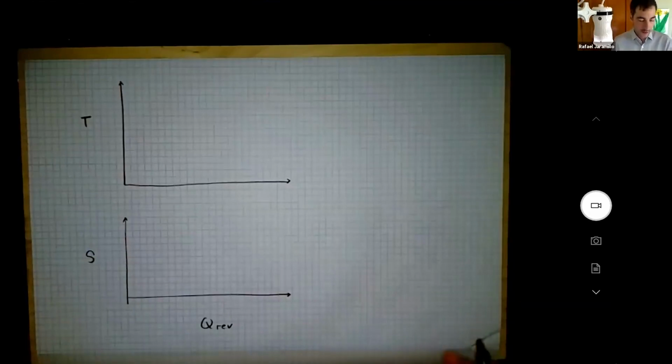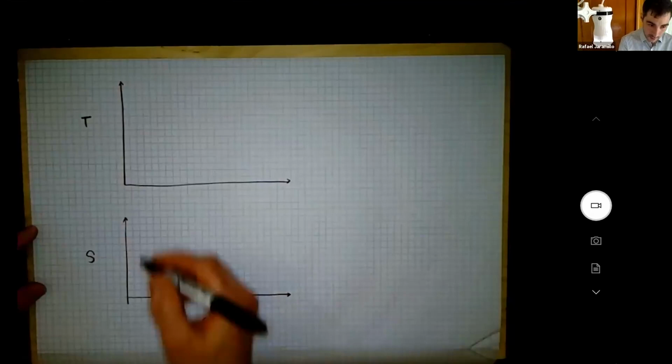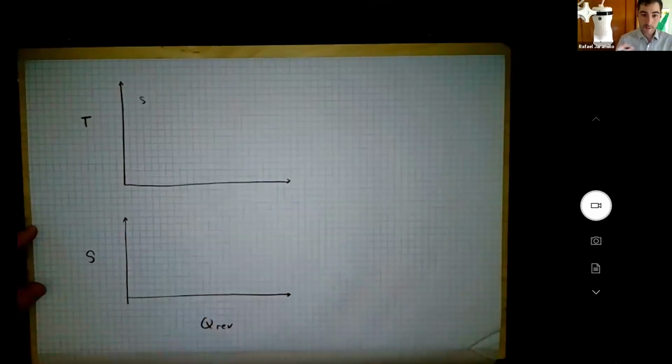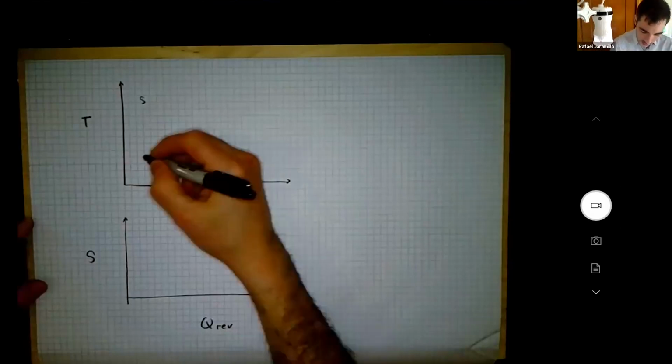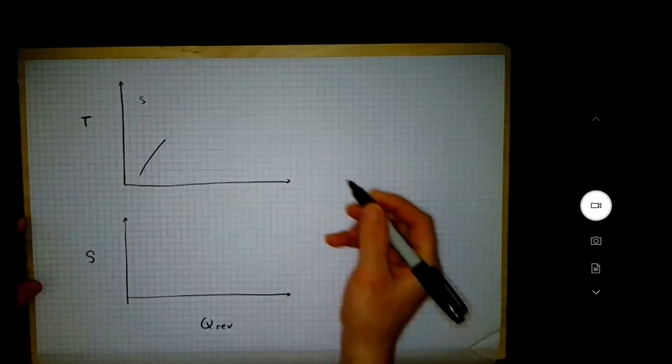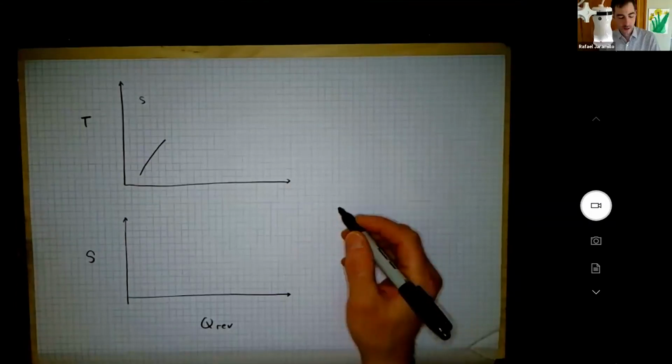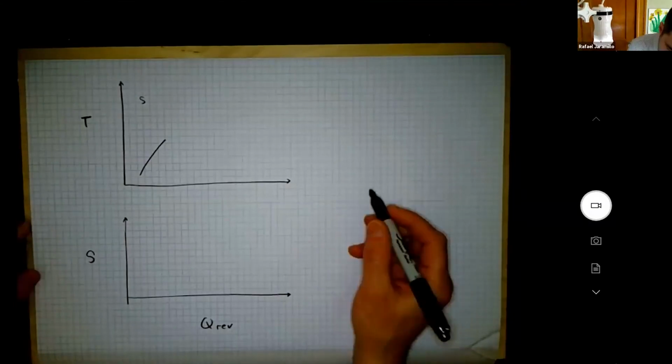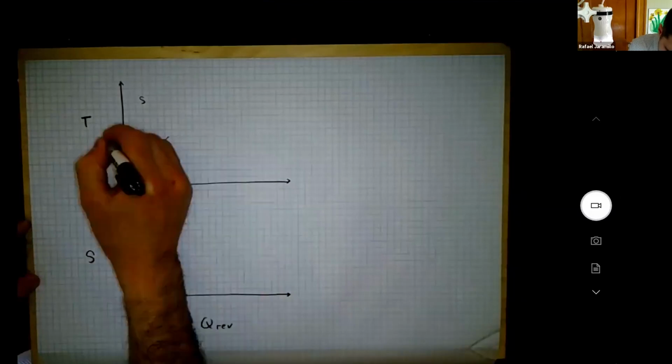And okay, so let's see. Let's start over here in the solid phase. And we're going to be heating the system, and at some point we reach the melting point. So let's say that this is the melting point.